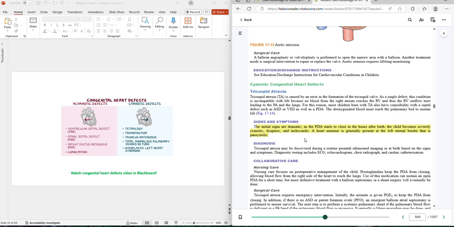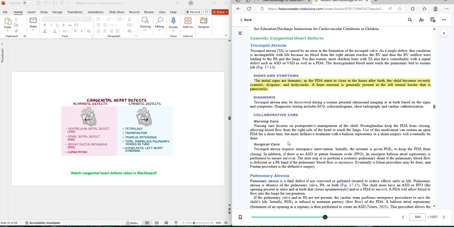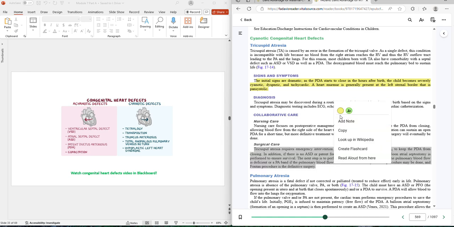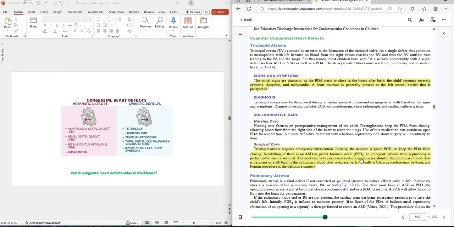This tricuspid atresia is an emergency, obviously, right? They're given the PGE1 to keep that PDA from closing. So if you hear a murmur and you start seeing the signs and symptoms of them getting blue, cyanotic, right?